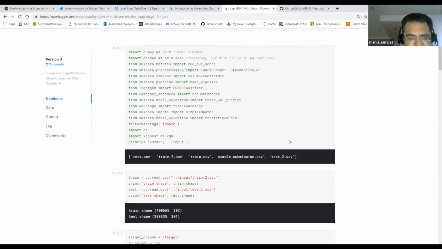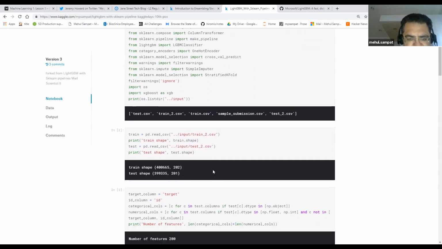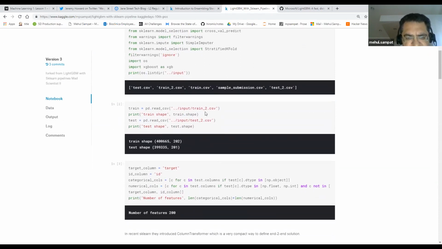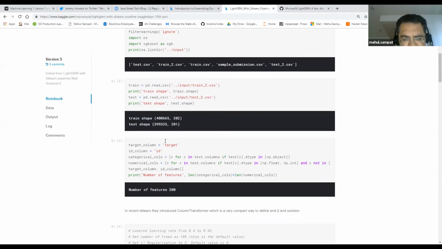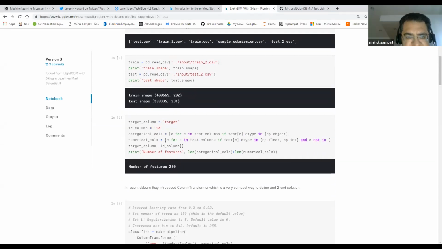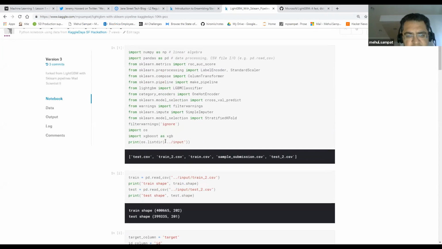So the initial step is basically loading the train and test data. It's not too big, about 400,000 rows. I learned some new things about sklearn. One other thing, we decided to use a non-neural network approach.